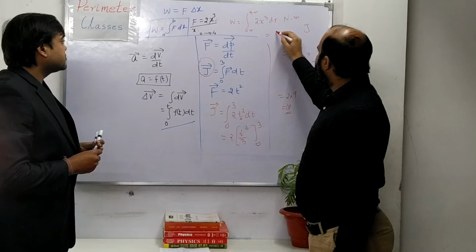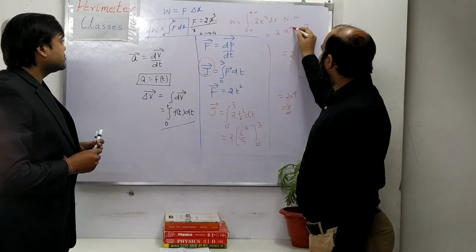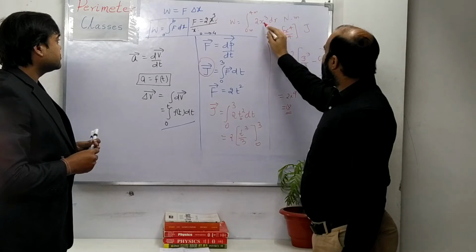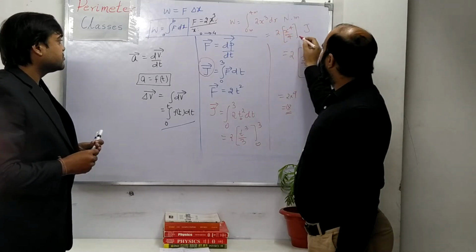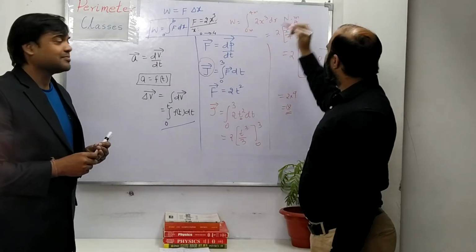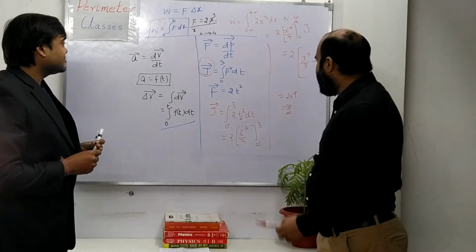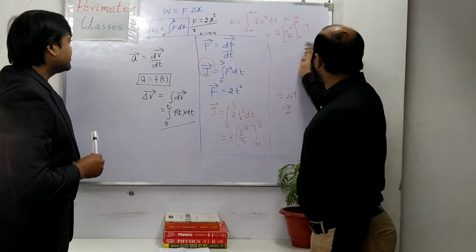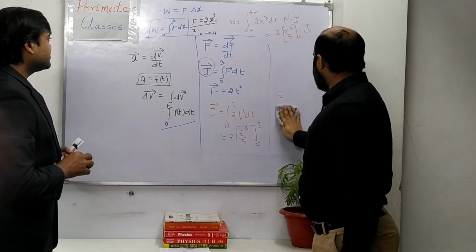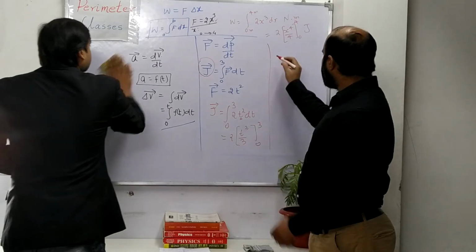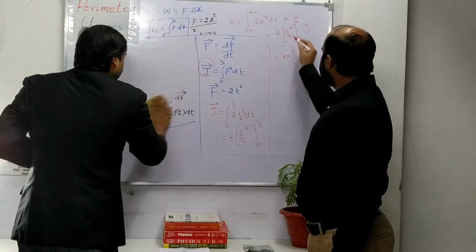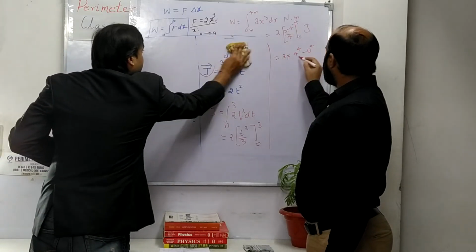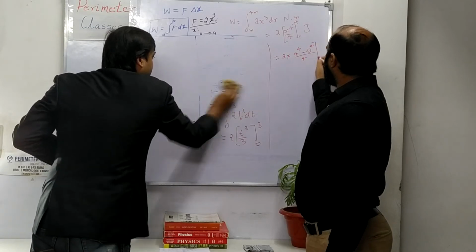Now if you integrate it, x to the power 4 upon 4 will be the integration of x cube, and 0 to 4 will be the limit. The upper limit is 4 and the lower limit is 0, so in that situation you will get 4 to the power 4 minus 0 to the power 4, upon 4.